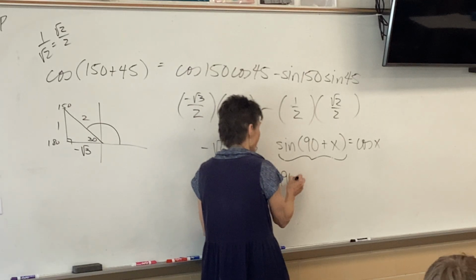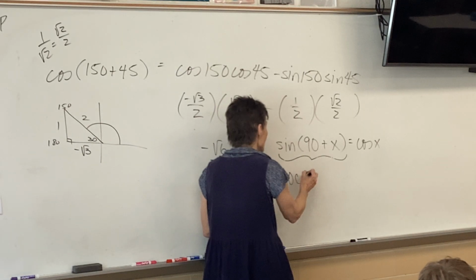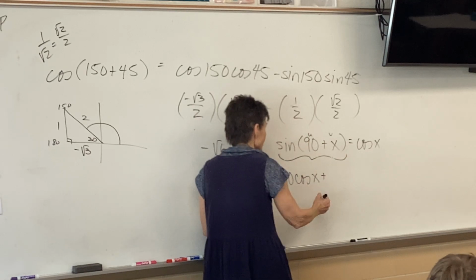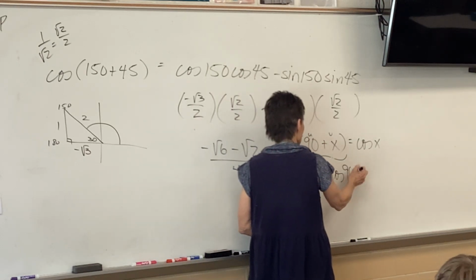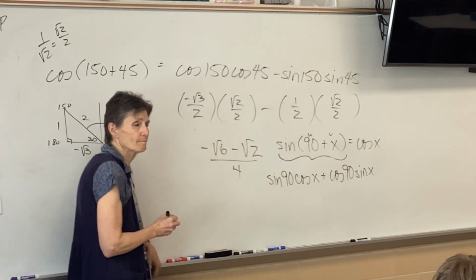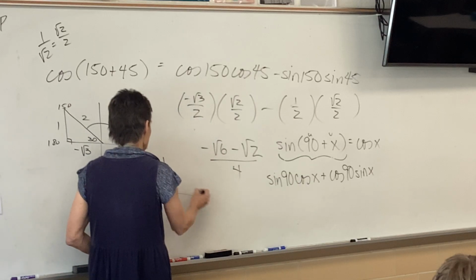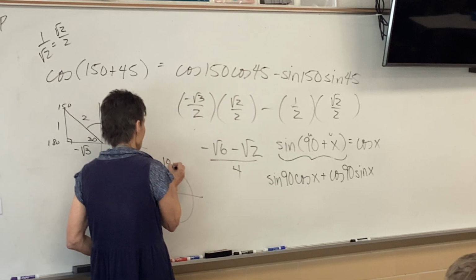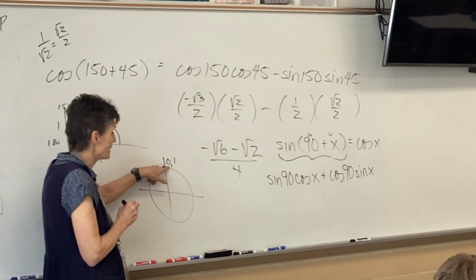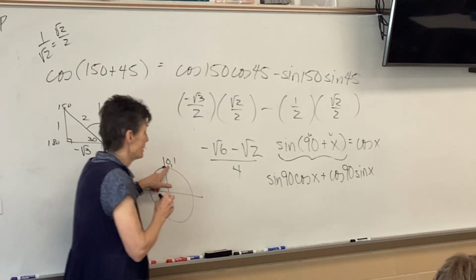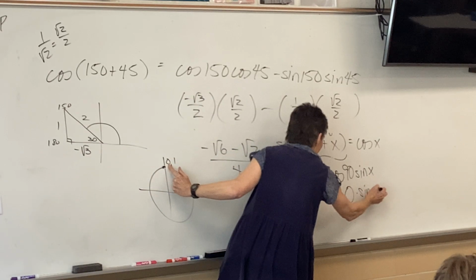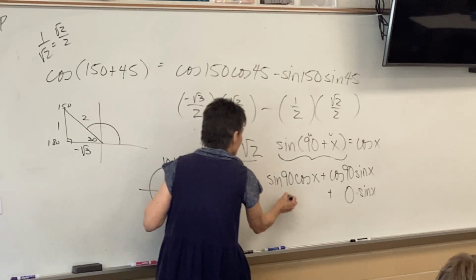Sine 90 cosine x, this is your U and your V, plus cosine 90 sine x. Yep. Now 90 is right here, right? Cosine of 90 is 0. And the sine of 90 is 1.